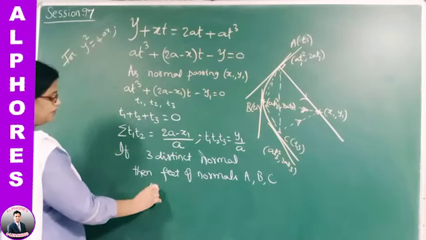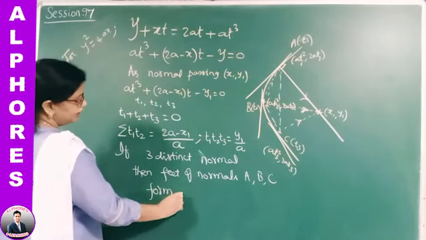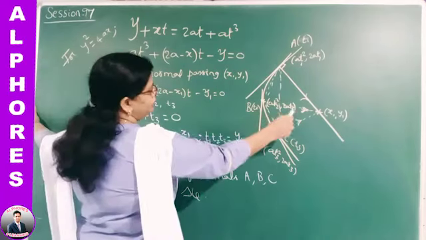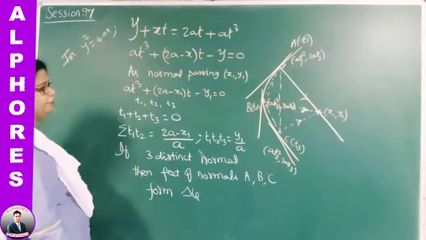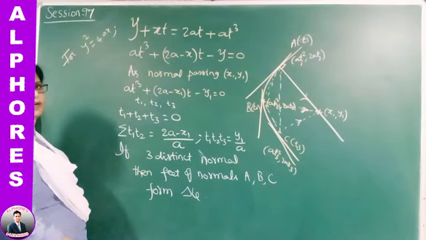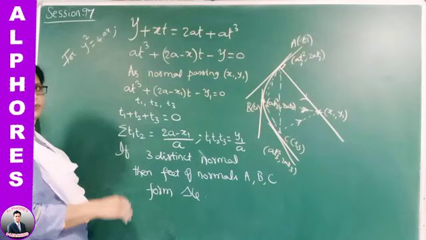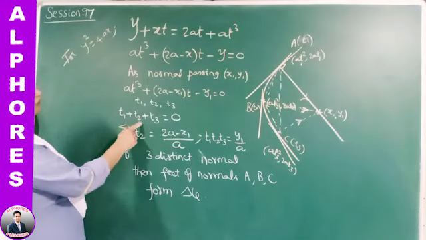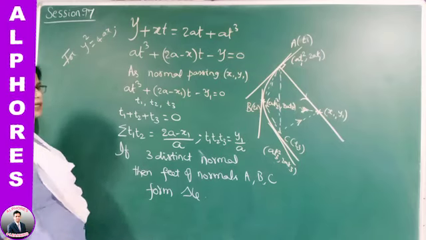Now our interest is in the ordinates: 2a t1, 2a t2 and 2a t3. What is the sum of those 3 ordinates? Taking 2a common, we get t1 plus t2 plus t3, which is 0.